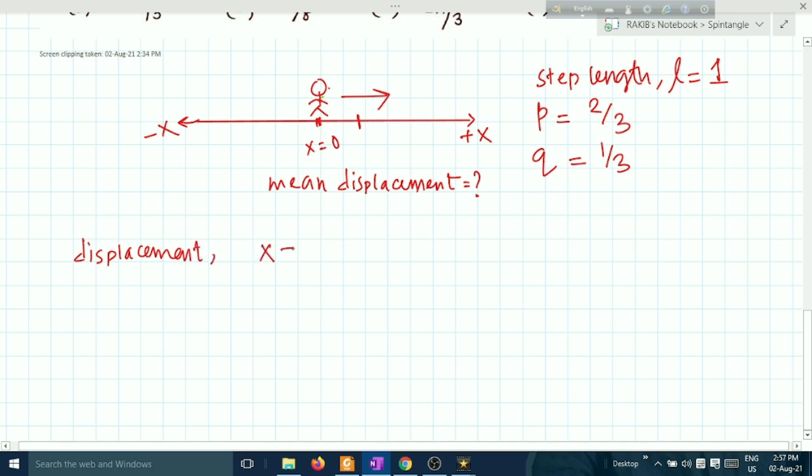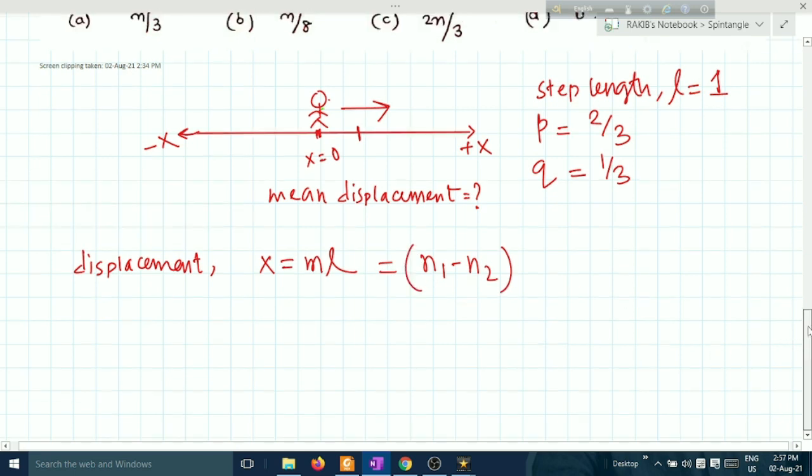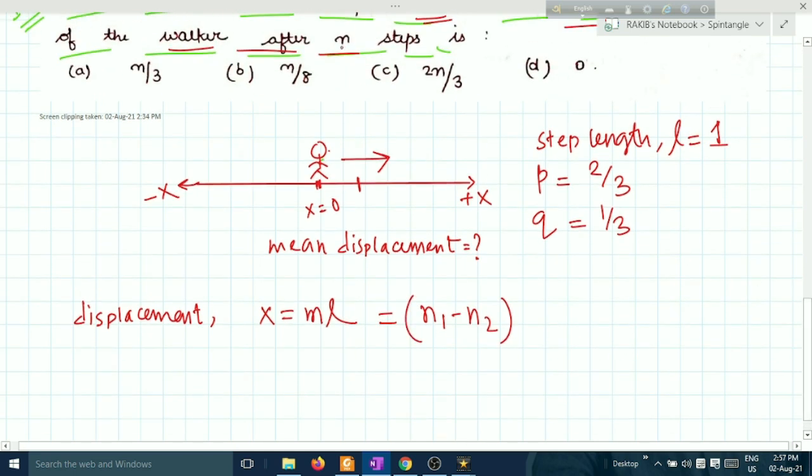x equals ml, where m is the scaling factor and l is the step length. It is written as n1 minus n2. The question asked for the mean displacement after n steps, so n1 minus n2 times l.